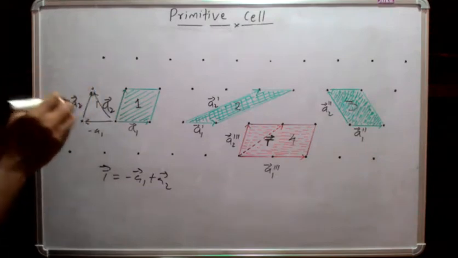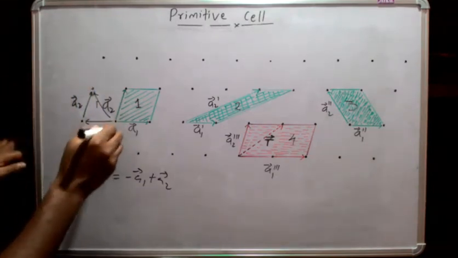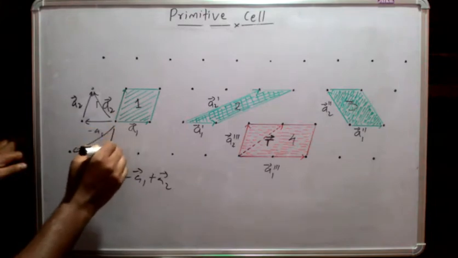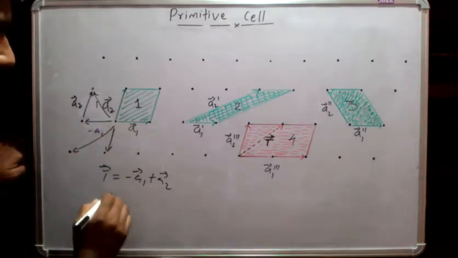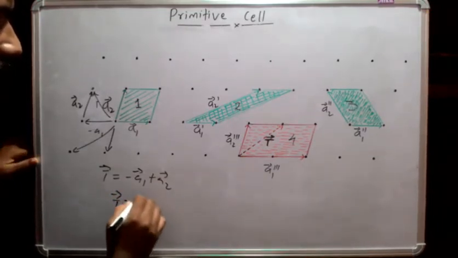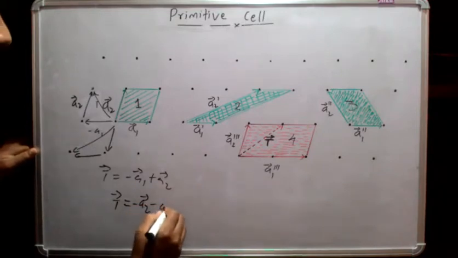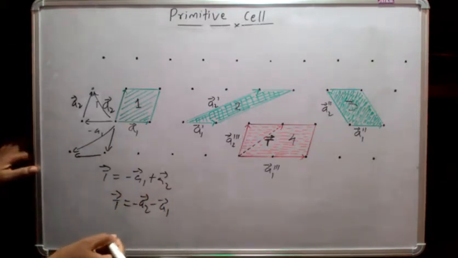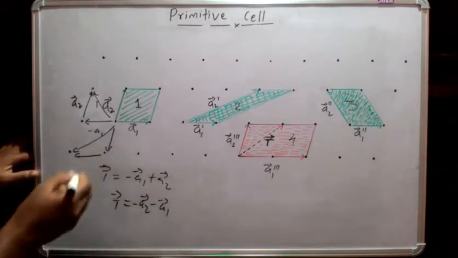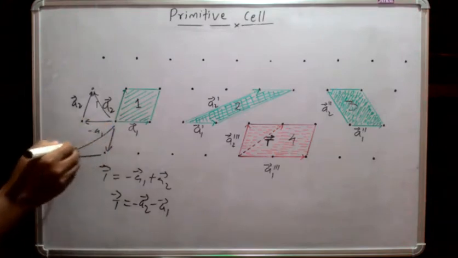In this way I can connect this point. If I select this point, then this is the translation vector, which I can make with minus A2 minus A1, that is T equal to minus A2 minus A1. So by using integral combinations of these primitive translation vectors, I can make a translation vector and connect lattice points.